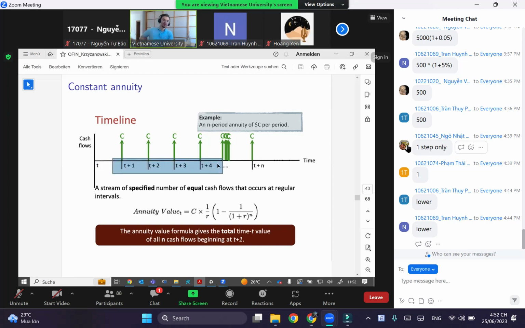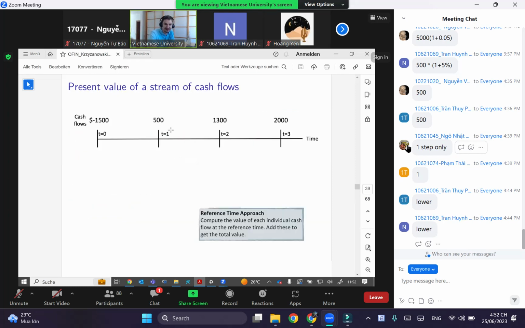Well, the way you could tackle this challenge could be the following, in analogy to what we've done in the last example.